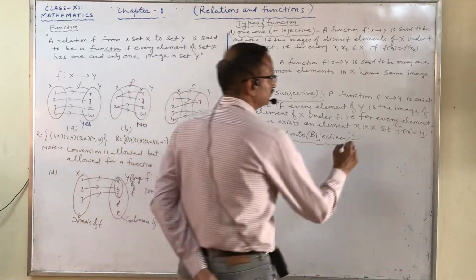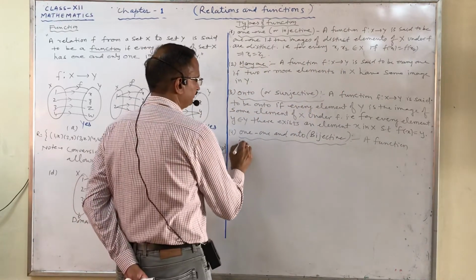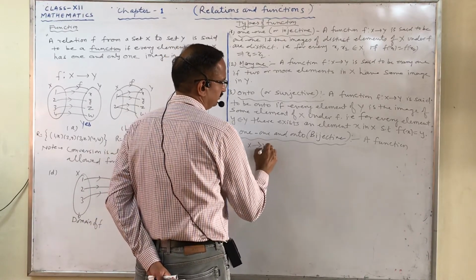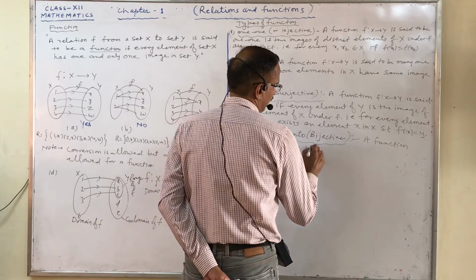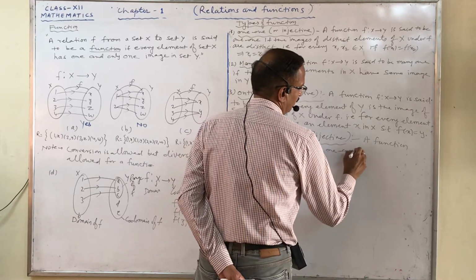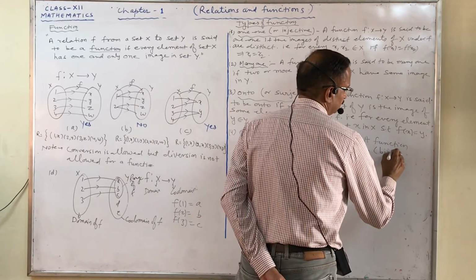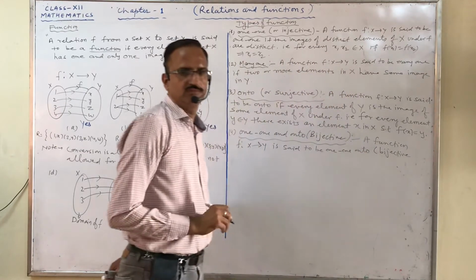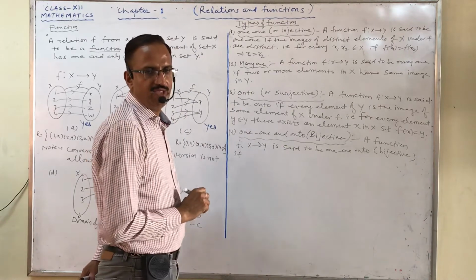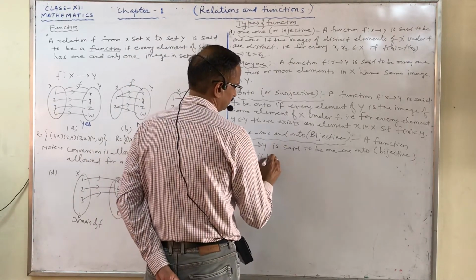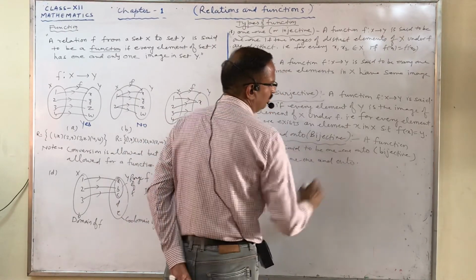So a function f from X to Y is said to be one-one onto or bijective if f is both one-one and onto.